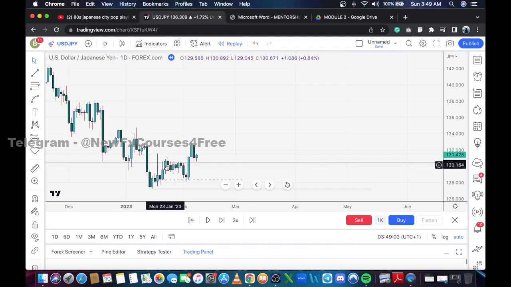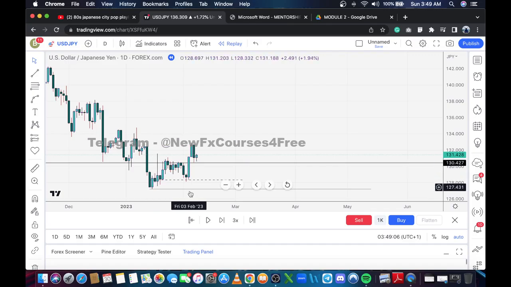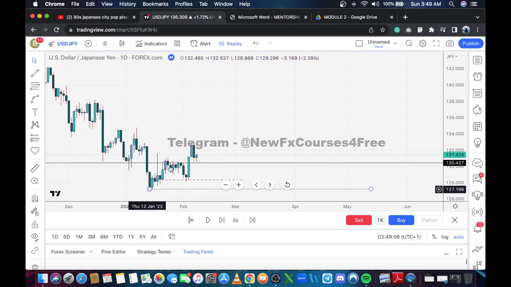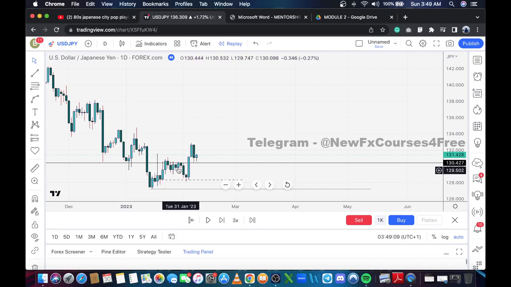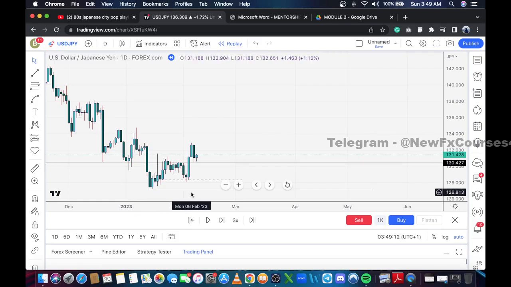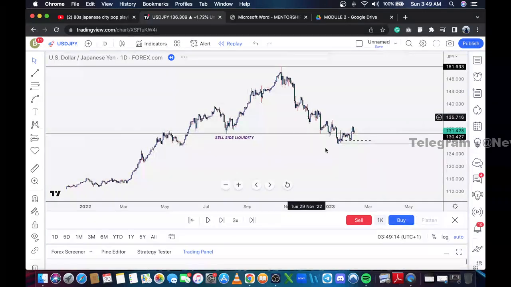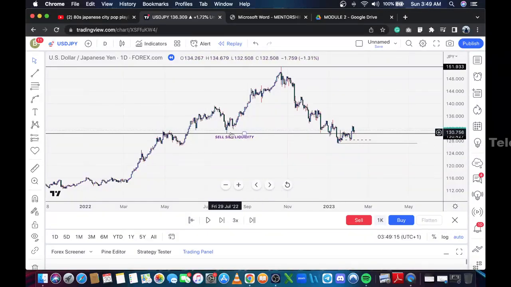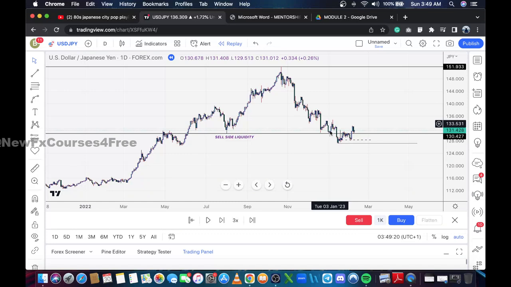Why is this not a breaker block? If this low had gone lower than this, that would be a breaker block. But why should we not anticipate this being a breaker block? Because we have already traded deeper into our key discount. If we had traded shallow, then we would anticipate this to be a breaker block.